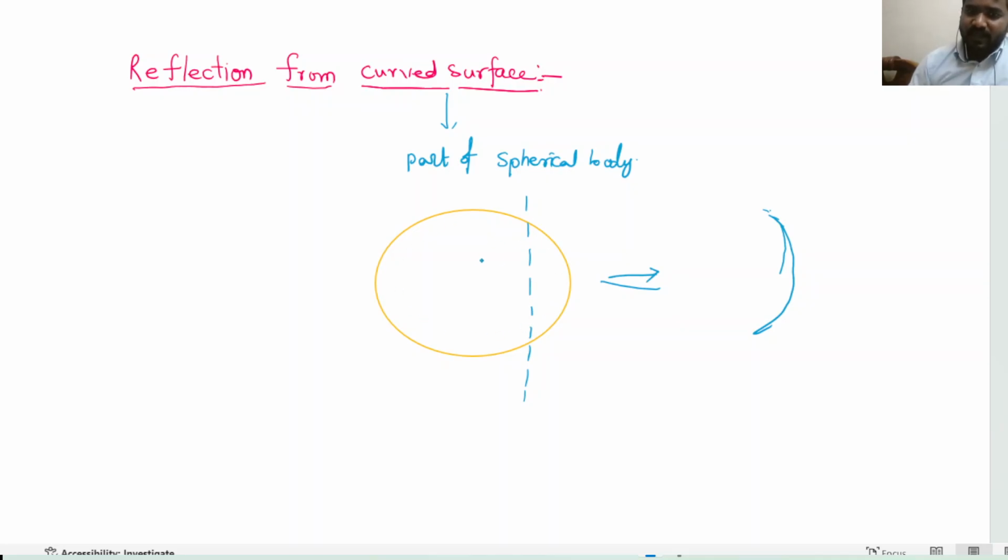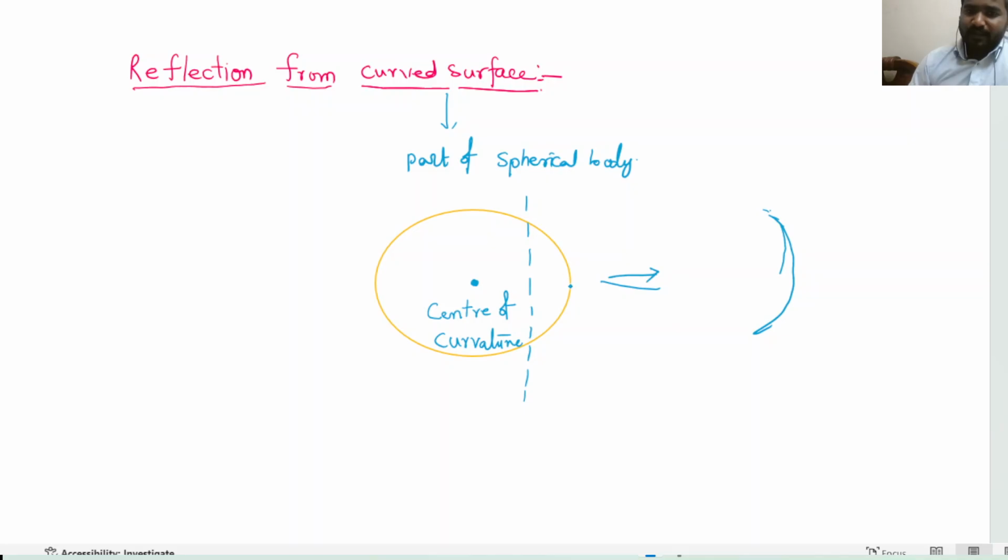Now the center of this spherical body, of which the curved surface is a part, you can take as the center of curvature.